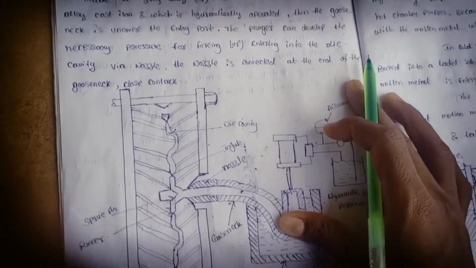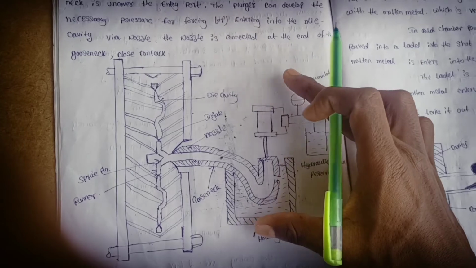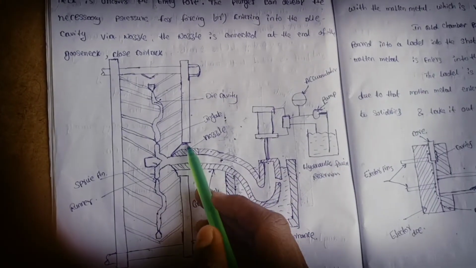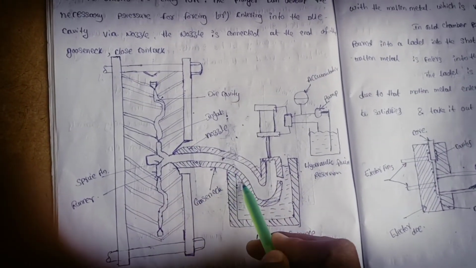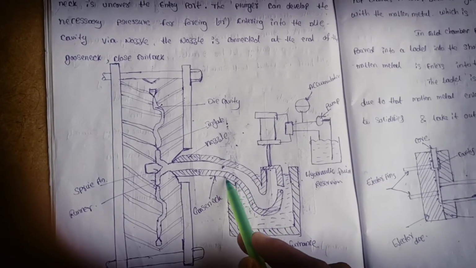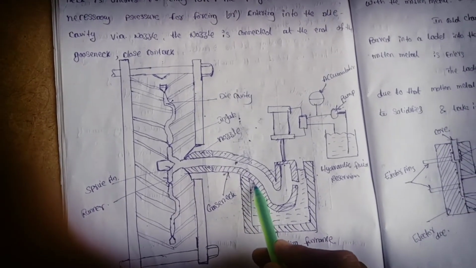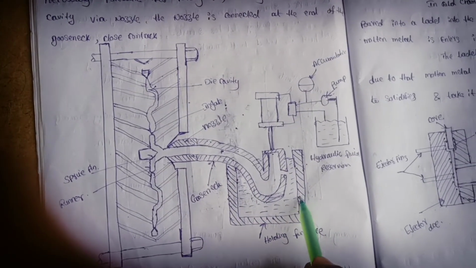This is a diagram of the hot chamber process. See, this one is a gooseneck, made of a grey alloy. Here is a holding furnace.